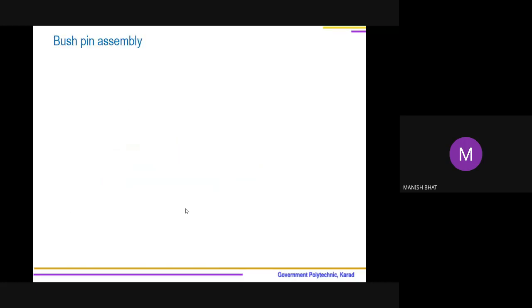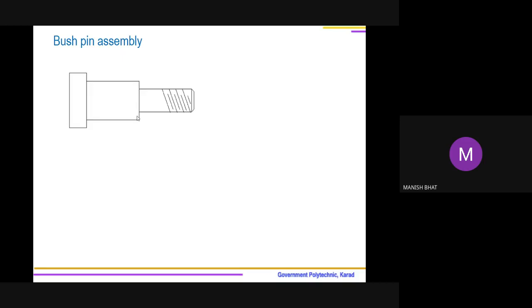Now, a very important part is to design this bush pin assembly. Recently we have seen the pin. So this is the pin. Once again I will tell you, the pin has this diameter D1, and threads are provided so that a joint will be effected between the pin and a nut. This diameter is enlarged, so this is the enlarged diameter.